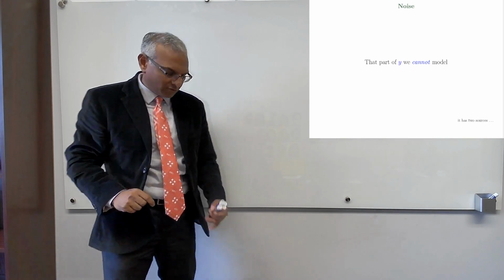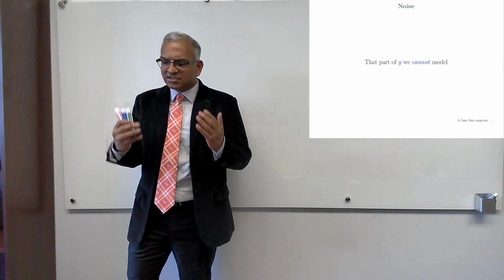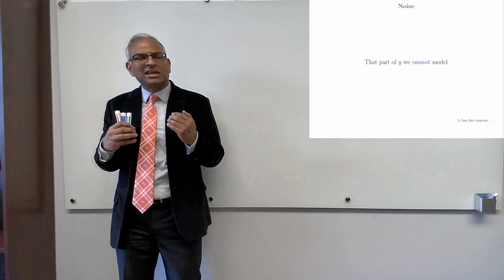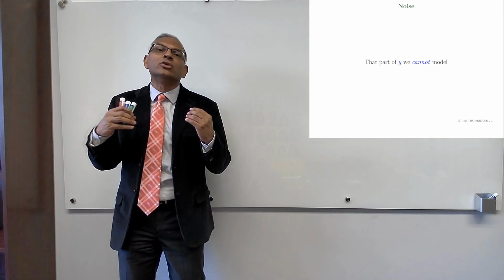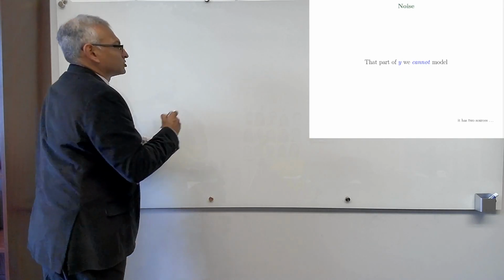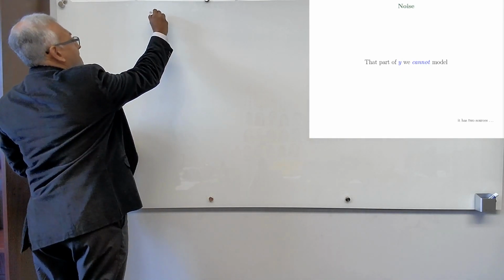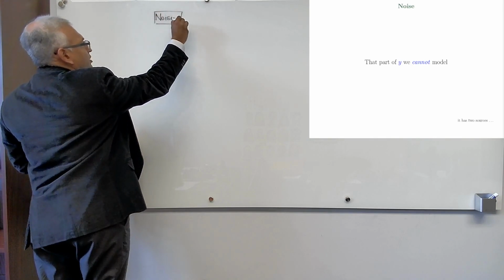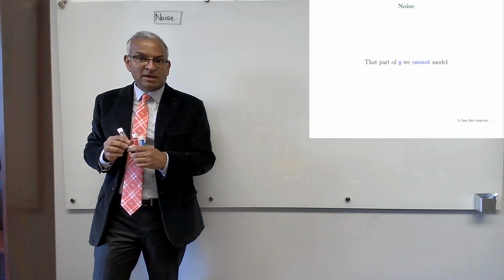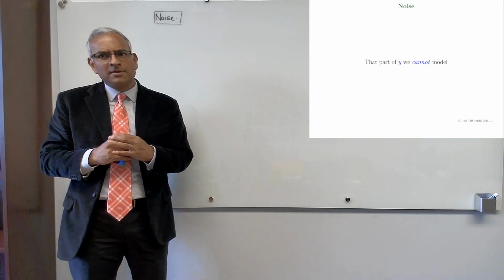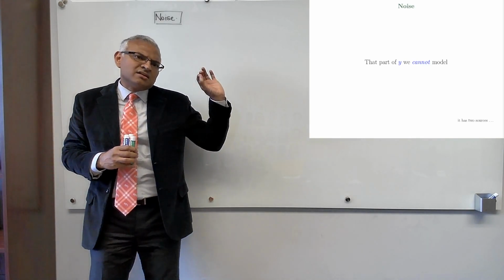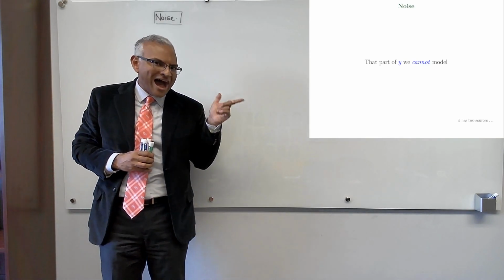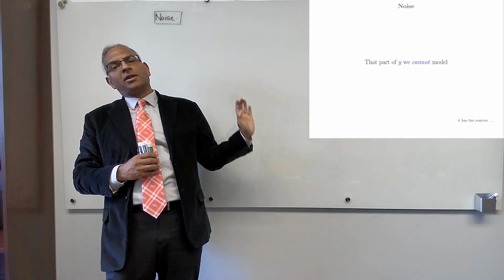Very counterintuitive. Okay, now, both of these effects can be captured with a careful definition of what noise is. Okay, and so we're going to talk about noise. Okay, and on the right, I'm showing you the definition of noise, and I'm choosing my words very carefully here. Okay, so noise is the part of y that we cannot model.